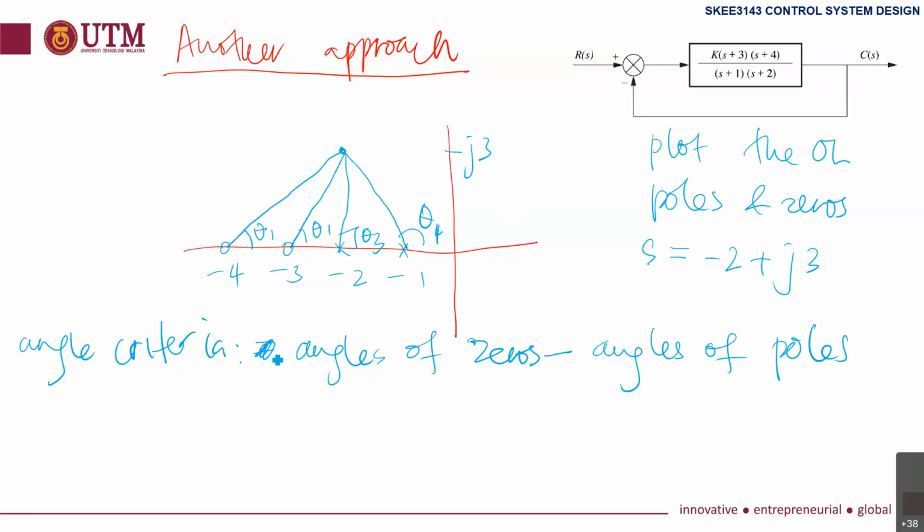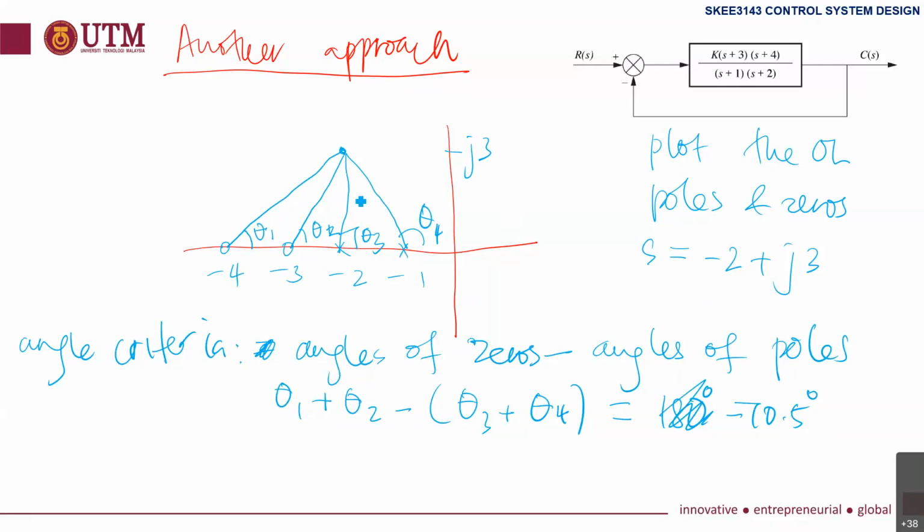So the angle of zeros here, theta 1 plus theta 2, minus theta 3 plus theta 4, must be 180 degrees in order to fulfill the angle criteria. And later you will check, you get negative 70.5.